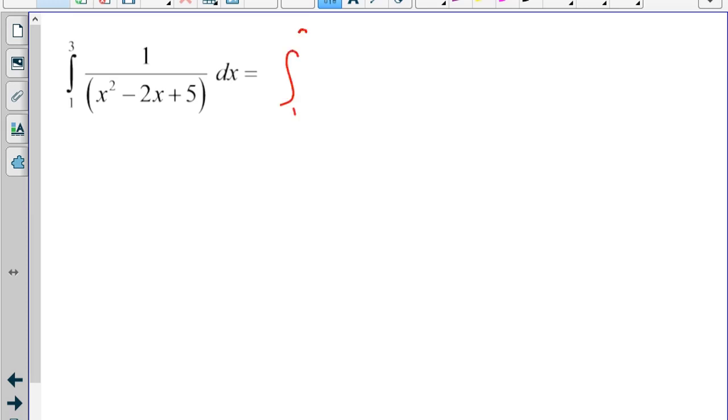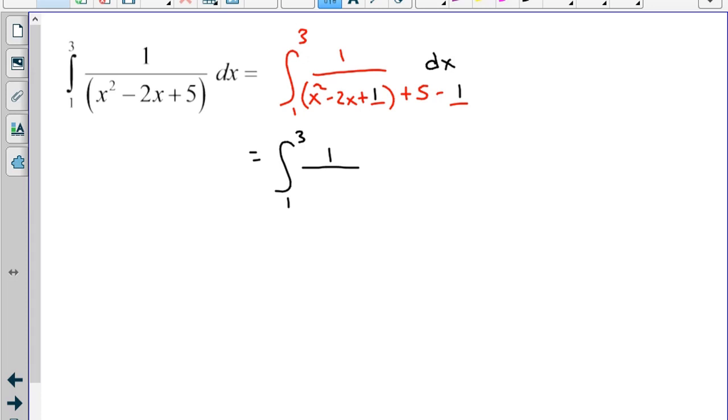So I have the integral from 1 to 3 of 1 over x squared minus 2x plus blank plus 5 minus blank. So negative 2 divided by 2 is negative 1, and if I square that, I get 1. I keep on forgetting my dx's in this video. That's bad. So the integral from 1 to 3 of 1 over (x minus 1) squared plus 4 dx.